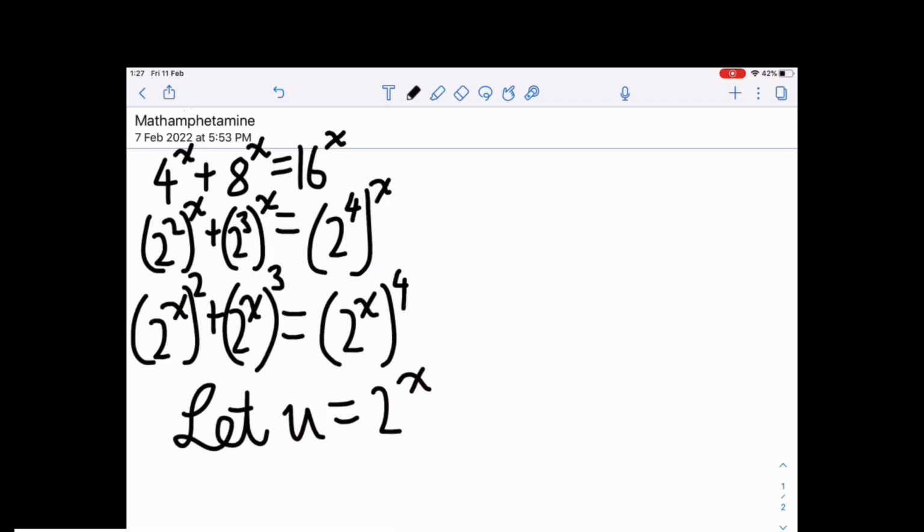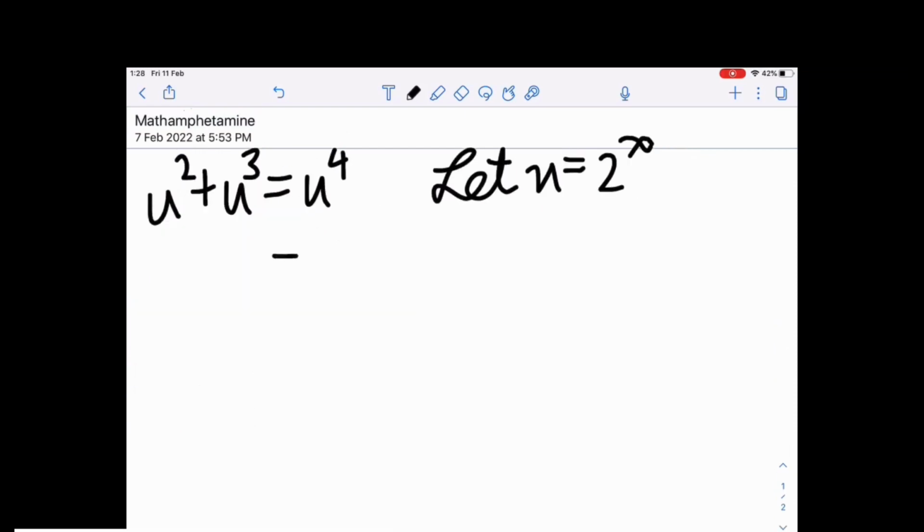And so we can write this as u squared plus u to the power of 3 is equal to u to the power of 4. And now we can write this as u to the power of 4 minus u to the power of 3 minus u to the power of 2 is equal to 0.